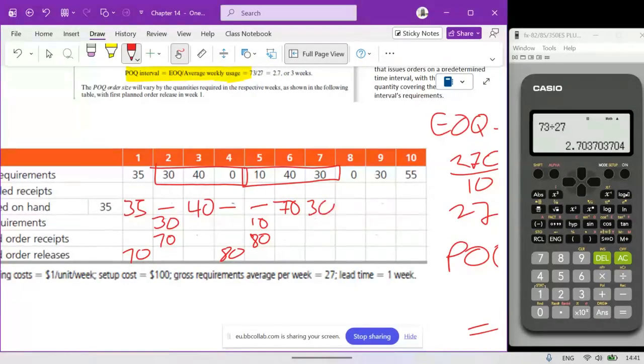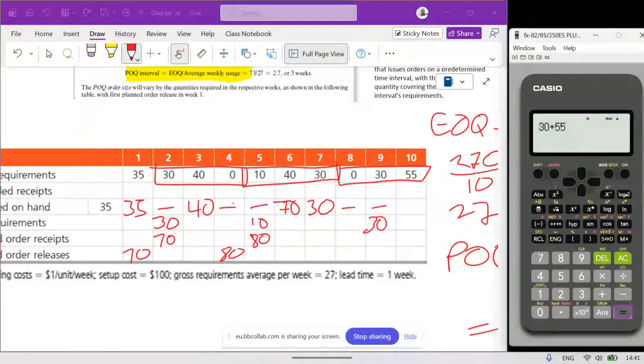It goes like that. You see, it significantly reduces the number of setup costs. This methodology reduces the setup cost. Then now we have this one dash. We don't have anything on hand, so we have a 30. 30 plus 55 equals 85.